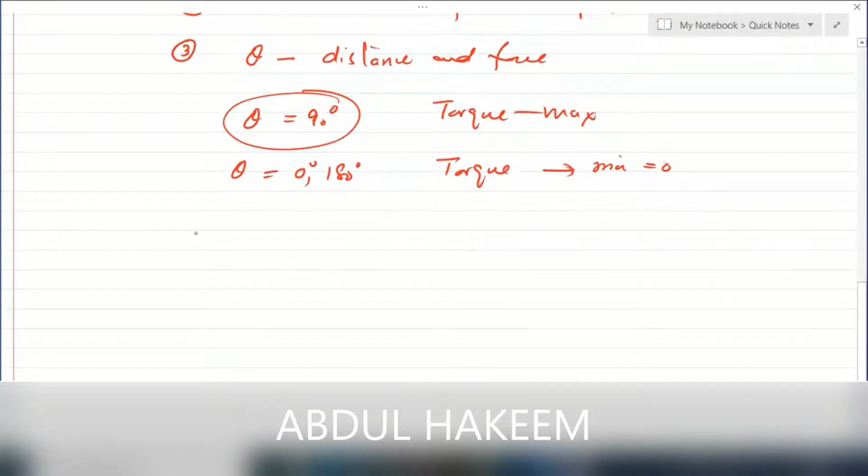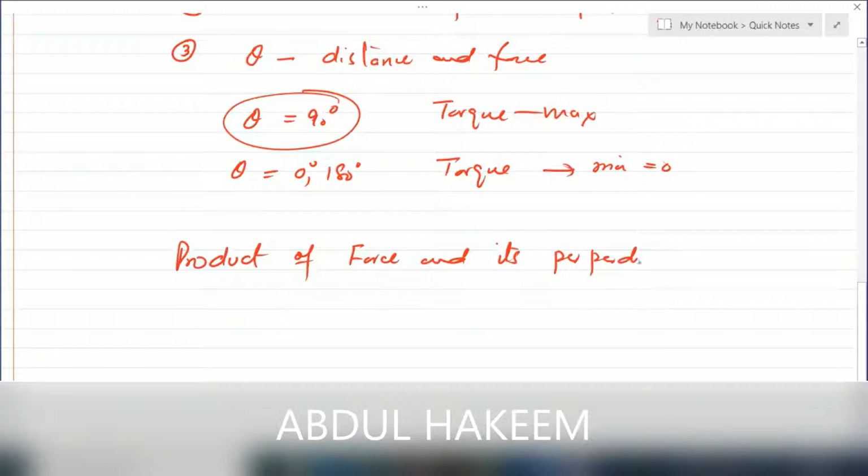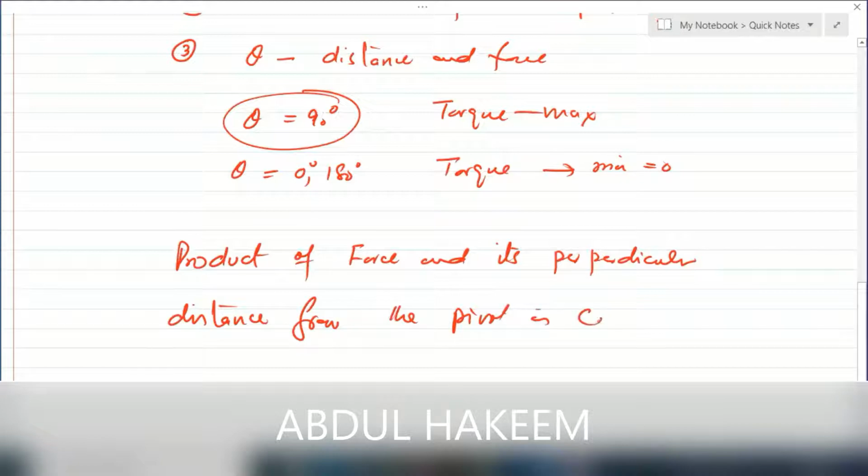That's why it is defined as the product of force and its perpendicular distance from the pivot is called torque.